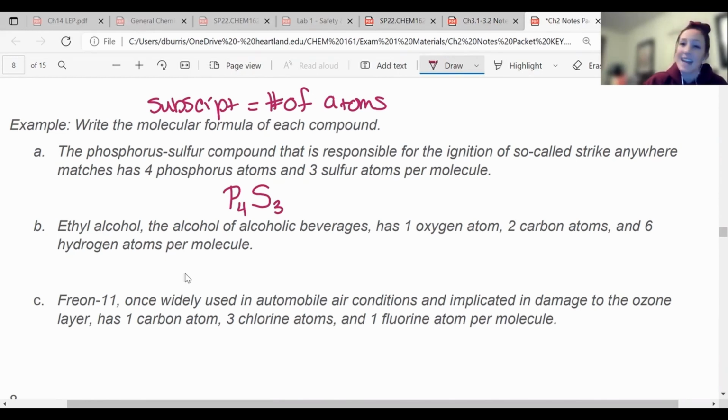But like I said, it doesn't technically matter. So I would go C, 2 carbon atoms, H, 6, and O. You do not have to put the 1. The 1 is understood, so you don't need a little subscript 1 there. All right, do the next one really quick and then check your answer.